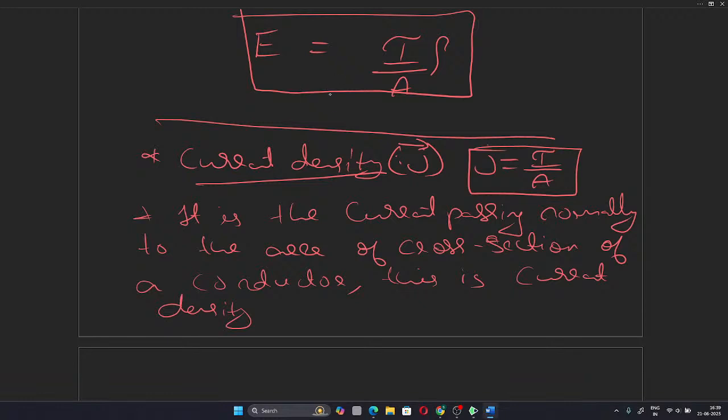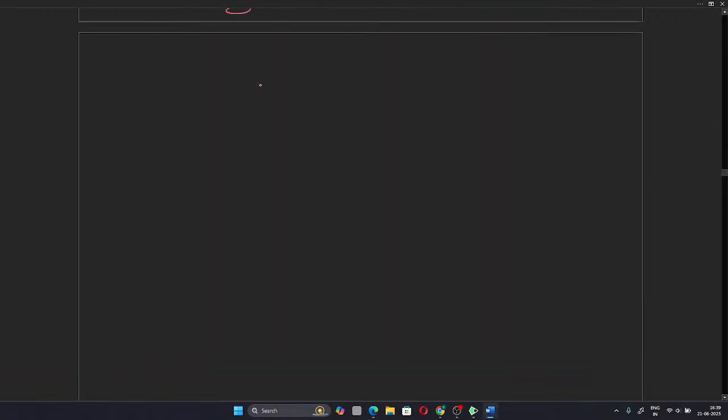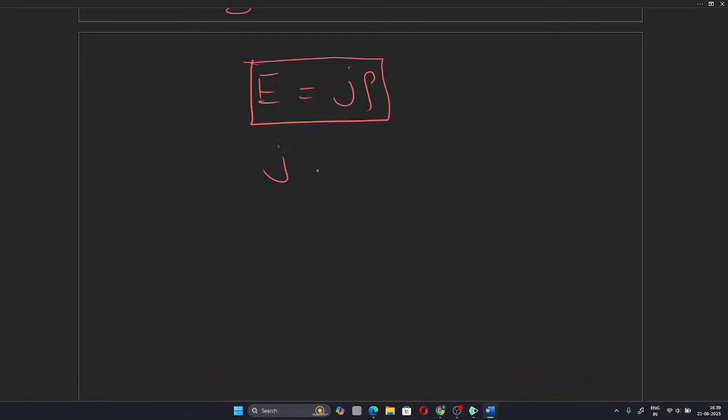In this equation we can substitute the value for I by A, which we will get as E equals J rho. If we want the value of J, we can write it as J equals E by rho.